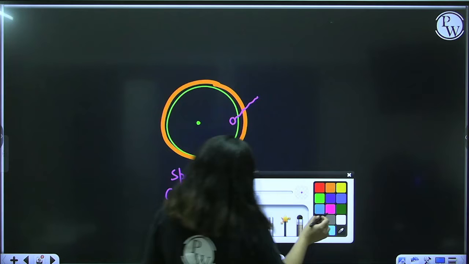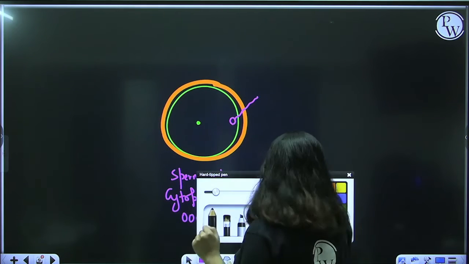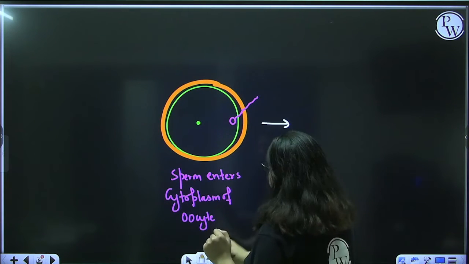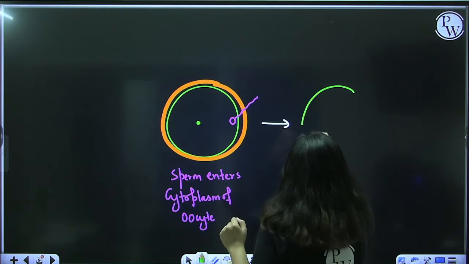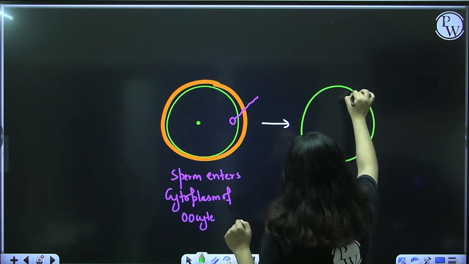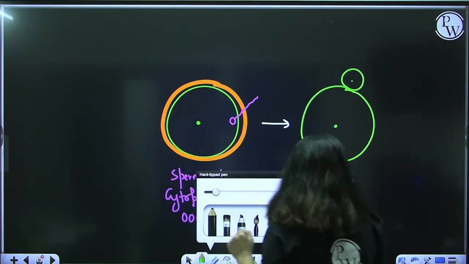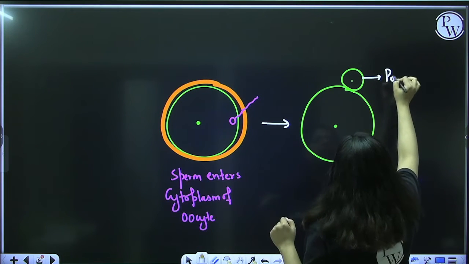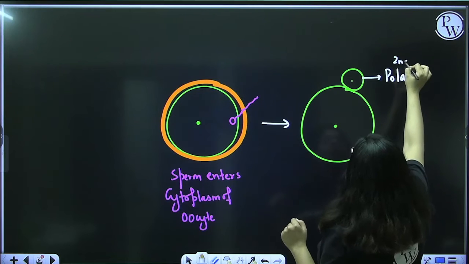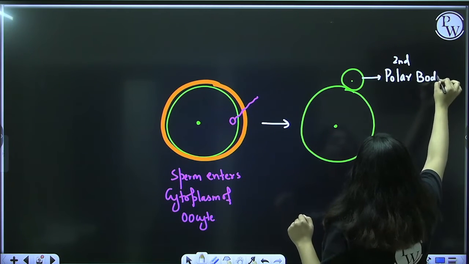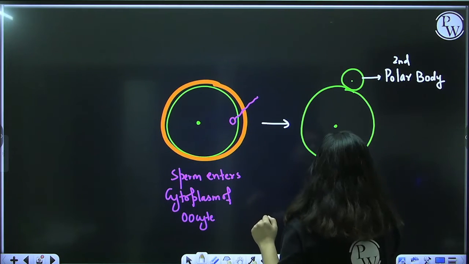Now what will happen next? When it enters here, two cells will be formed. This is the second polar body, right? And this is now the ovum.